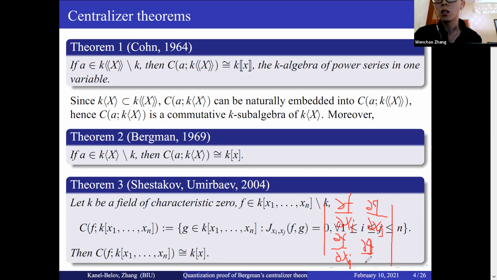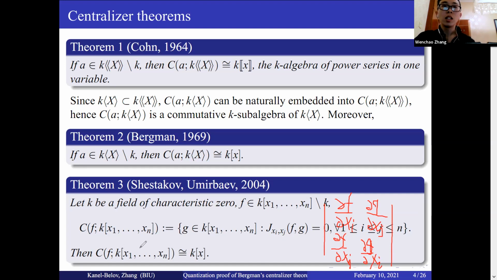This is g. So this is the two-dimensional Jacobian, J of xi, xj, f and g. So they calculate this Jacobian.